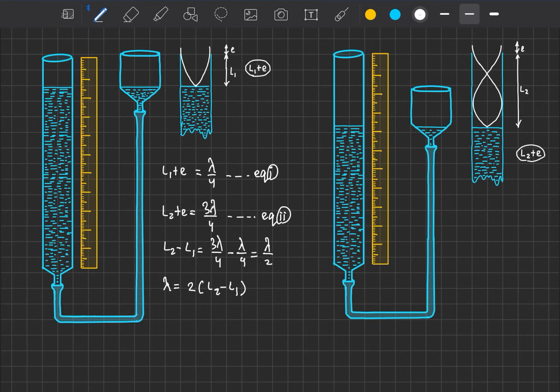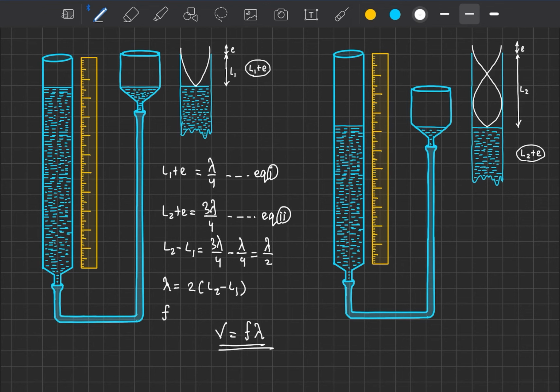So from here we will get lambda, and we already know the frequency because we chose the tuning fork, and the tuning fork's frequency is fixed. So F is already known to us. Now from the experimental setup we got lambda, and F is known. So we have the formula V equals F lambda, and from here we will get the velocity of sound. So this is the experimental setup.